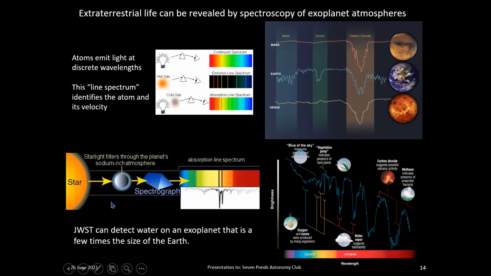And this has been done many, many times with the Hubble Space Telescope, and it's become somewhat of an exact science. And JWST will spend a lot of time making observations like this of exoplanet atmospheres. And JWST can detect water on an exoplanet that's just a few times the size of the Earth.